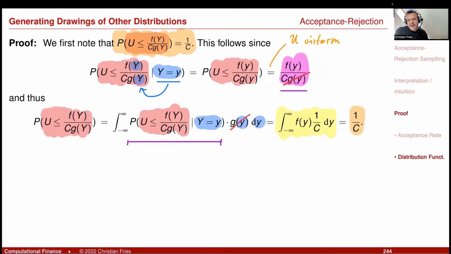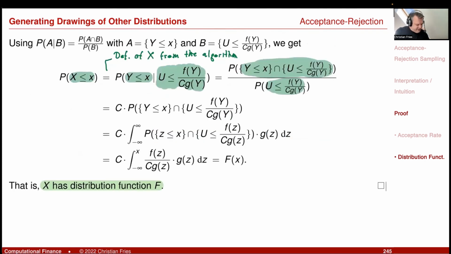Now I can plug in my previous result: the probability on which I'm conditioning, the probability to accept the point, is 1 divided by c. So dividing by 1 divided by c, I get a c in front.